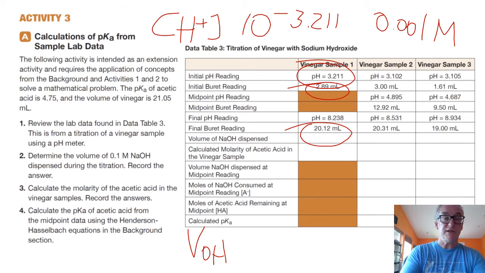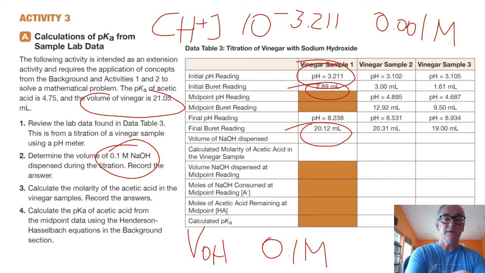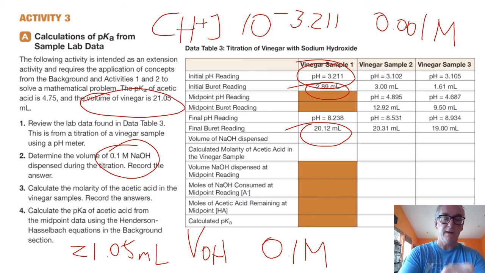The concentration of the sodium hydroxide is 0.1 molar, and the volume of the vinegar used is 21.05 milliliters. So we have a volume of base, we have a concentration of base, we have a volume of acid. Now all we need to do is calculate the concentration. That will tell us how much acetic acid was present at the beginning.